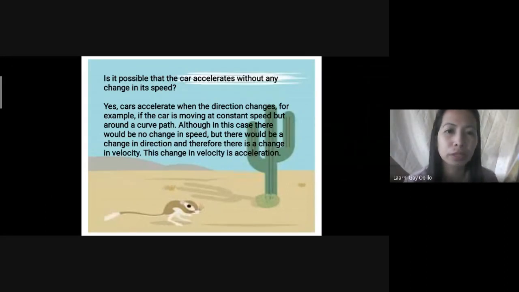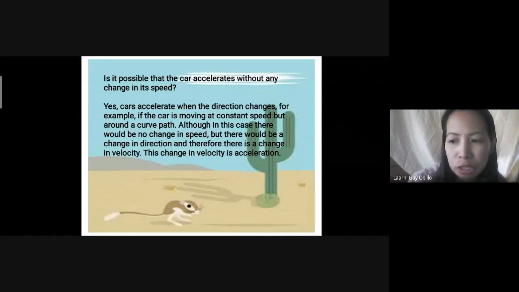Cars accelerate when the direction changes. For example, if the car is moving at constant speed but around a curved path, although in this case there would be no change in speed, but there would be a change in direction and therefore there is a change in velocity. This change in velocity is acceleration. So, ibig sabihin, kahit hindi nagbabago yung bilis ng sasakyan, for example, tumatakbo siya sa curve, or pasigsag, hindi nagbabago yung bilis niya, pero nagbabago yung kanyang direction.